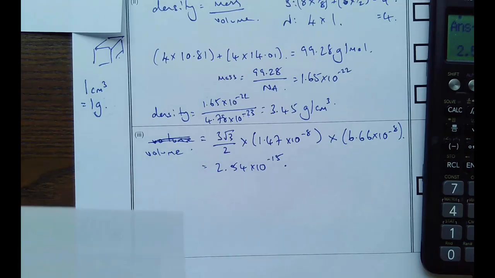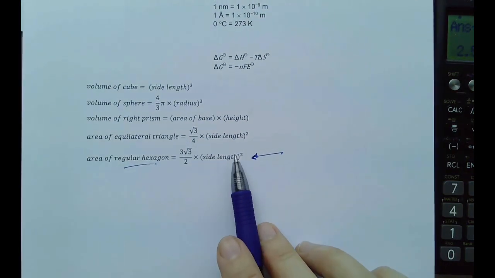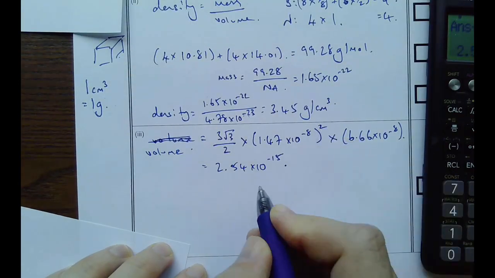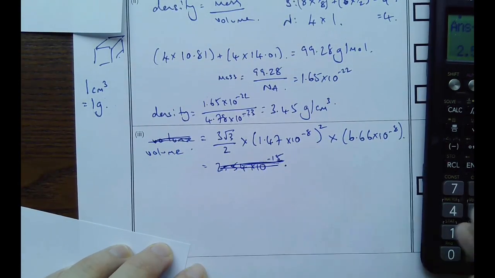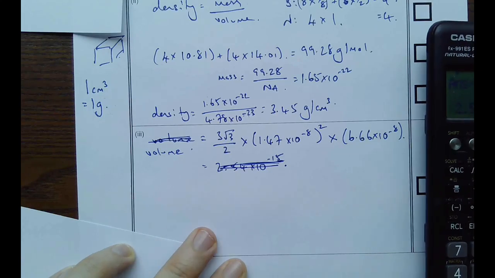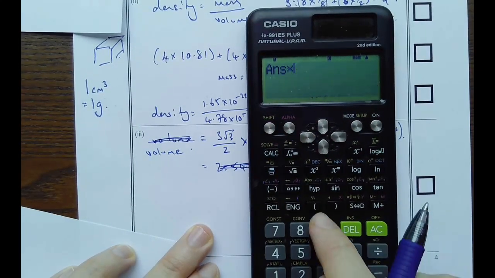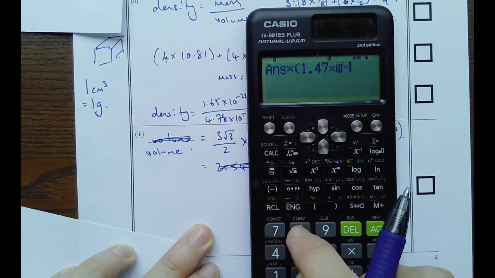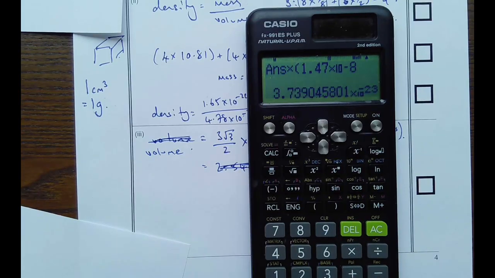So what have I done wrong? So this is side length squared. Alright, so let's try that again. See how easy it is to make a mistake on these. So if I just multiply that by 1.47 times 10 to the minus 8 again, I should get the correct answer.